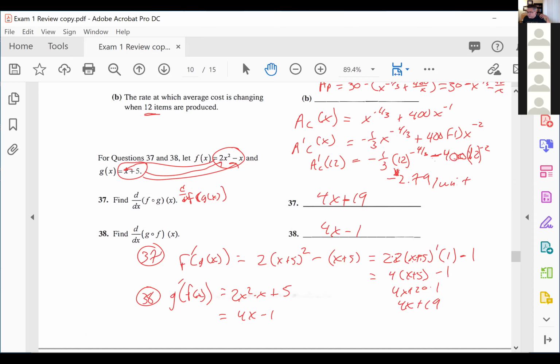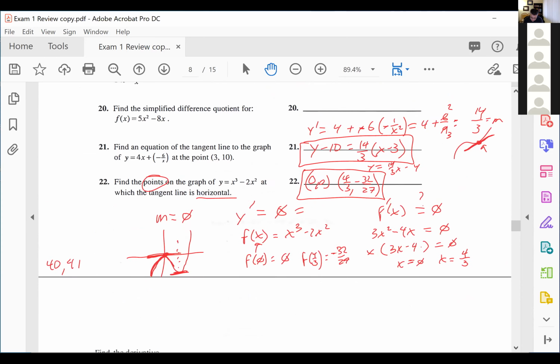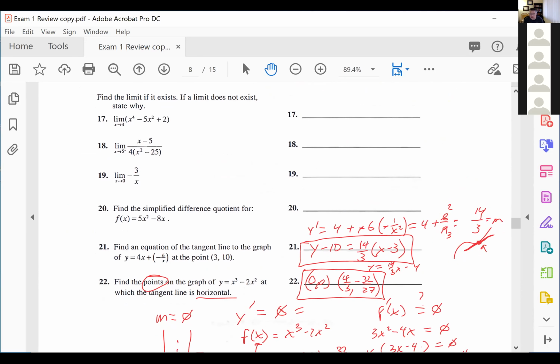Okay, others? Do you want to see done here? On chapter 1. Yes, okay. Find the simplified difference quotient.